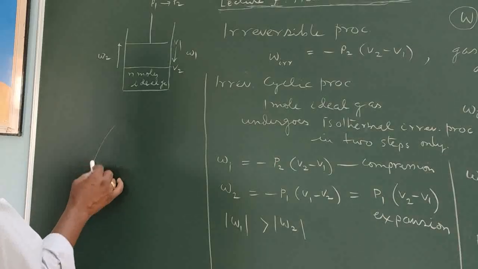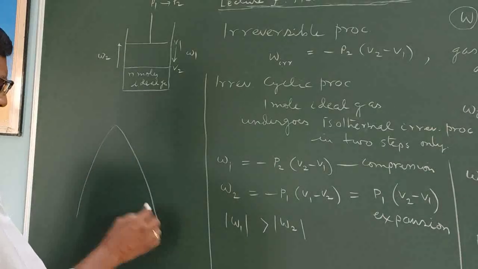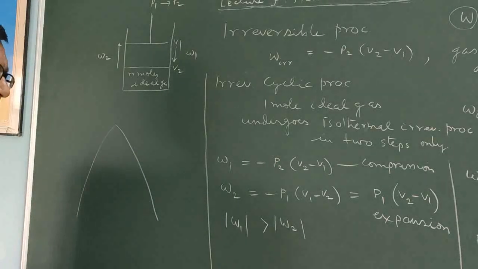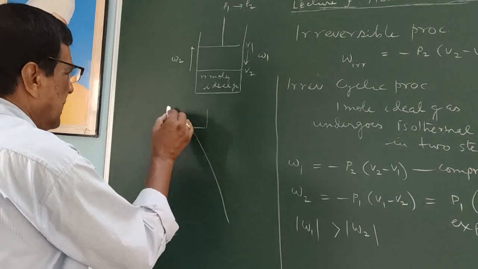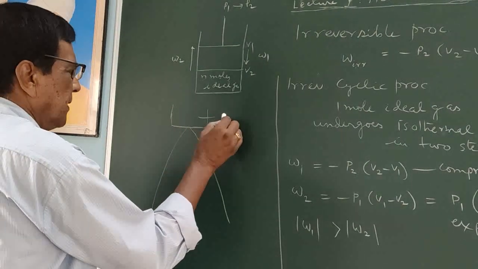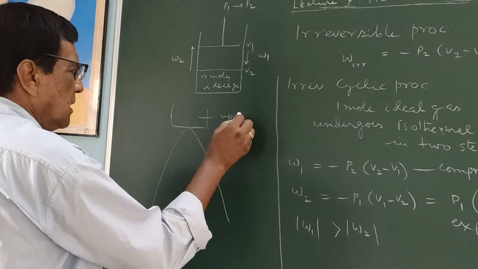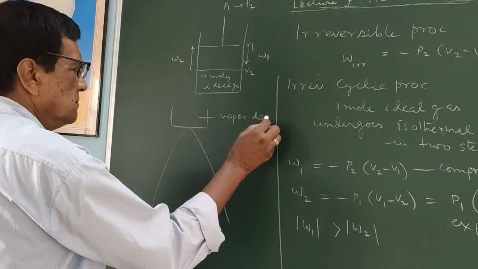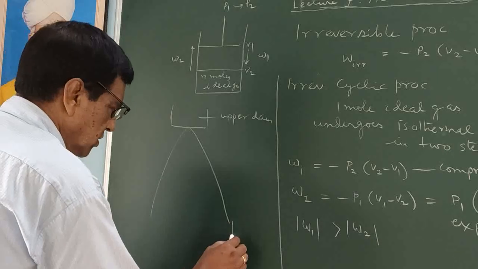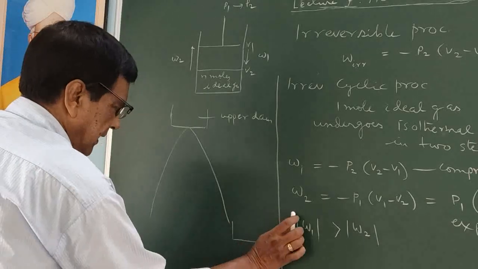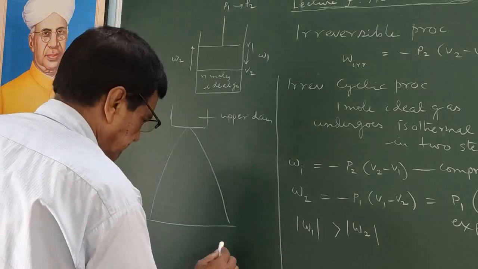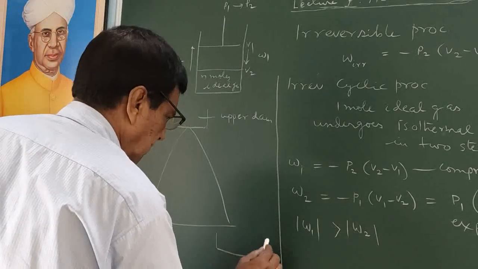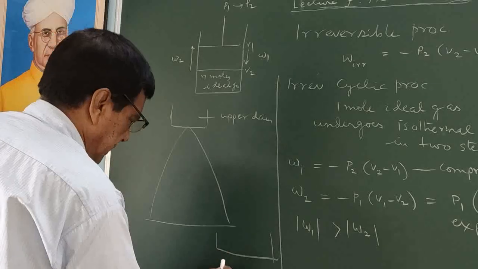Suppose this is the hill in Ajodhya at Purulia district. Here is a dam, and this is called the upper dam. And here also another dam. This is the lower dam.